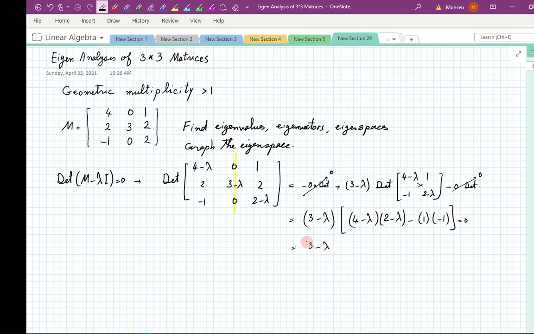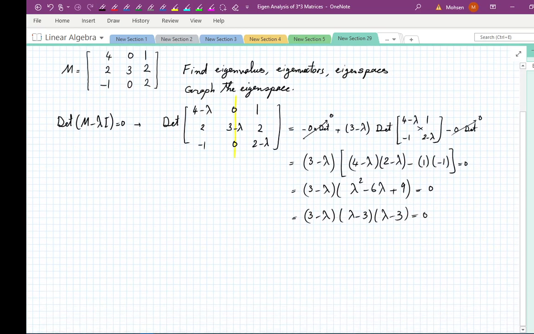We clean this up. Here I have lambda squared minus 6 lambda plus 8 plus 1 equal to 0, and that means I have this peculiar situation. Here's a factorization of that.